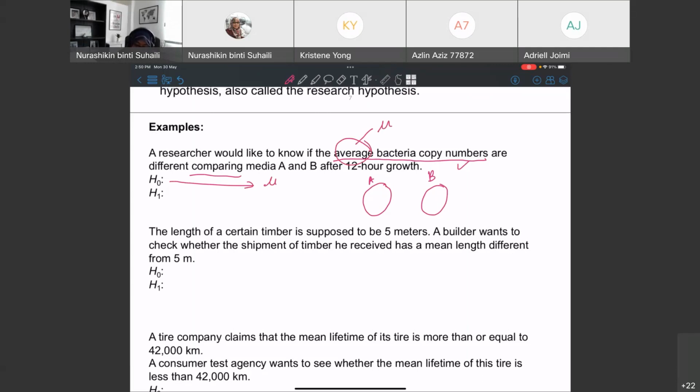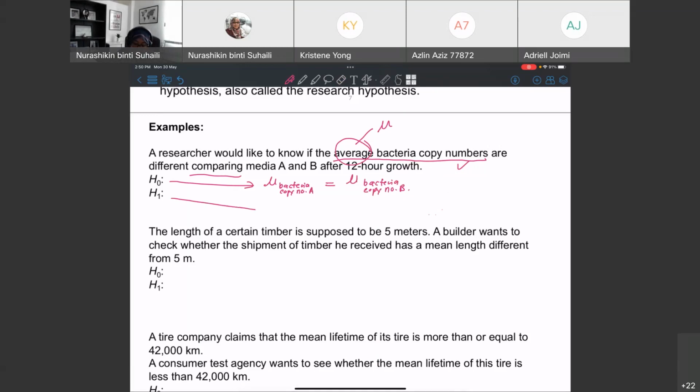So mu of bacteria copy number A, because we know that the null has no difference, is equal to mu of bacteria copy number B. Or you can also express it in words: there is no difference between the average bacteria copy number of media A and media B. So that is the null hypothesis.